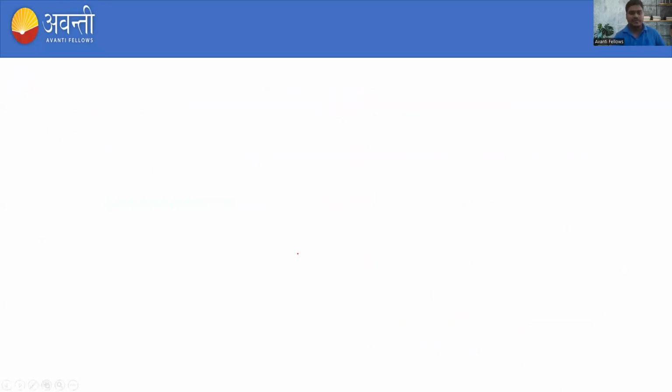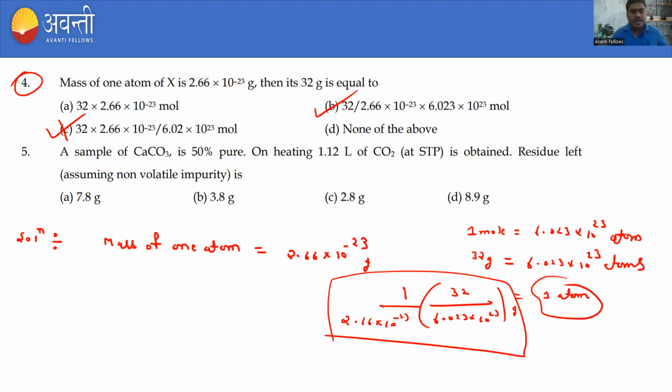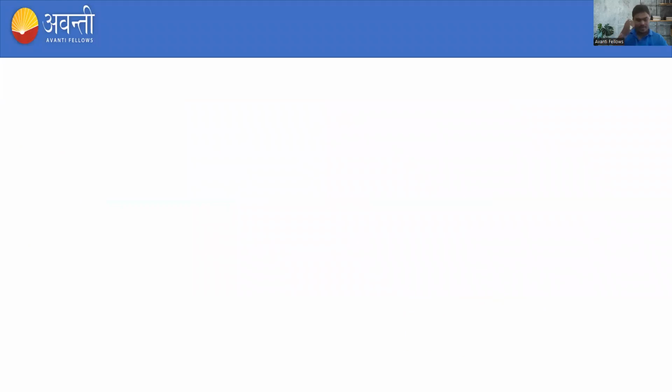Now let's move to question number 5. The question states that a sample of CaCO3 is 50% pure. On heating, 1.12 liter of CO2 at STP is obtained. Residue left, assuming non-volatile impurity. You have to calculate this.